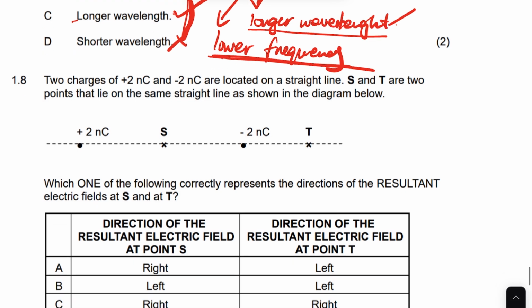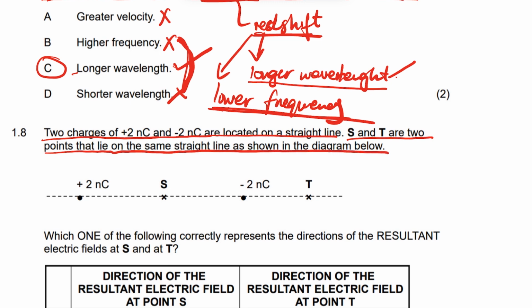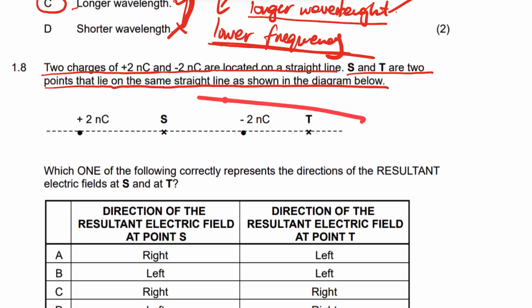Okay. Now let's go to 1.8. The answer there is C, guys. The two charges, positive 2 nanocoulomb and negative 2 nanocoulomb, are located on a straight line. S and T are two points that lie on the same straight line as shown in the diagram below. Here's the straight line, it has the positive charge and the negative charge, and we have points there, right?